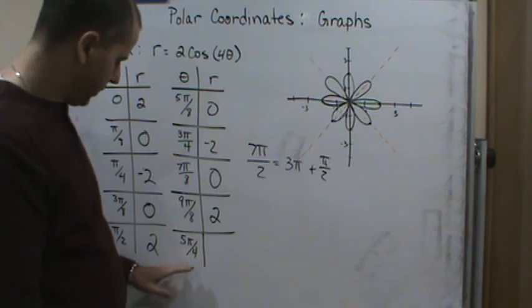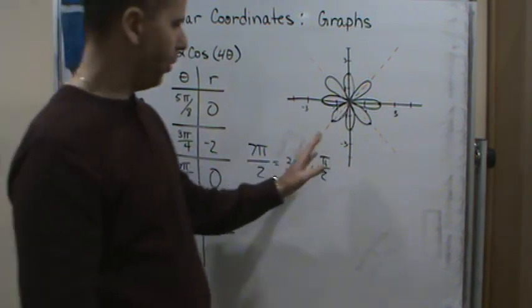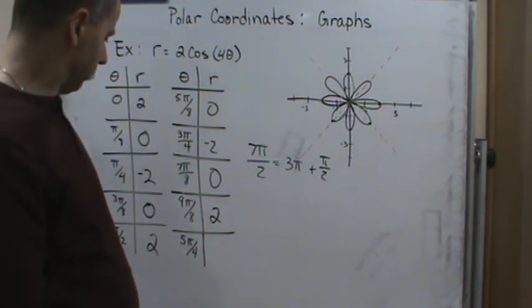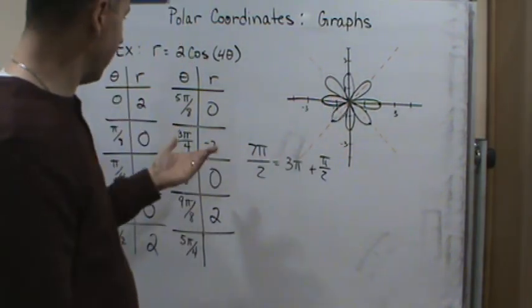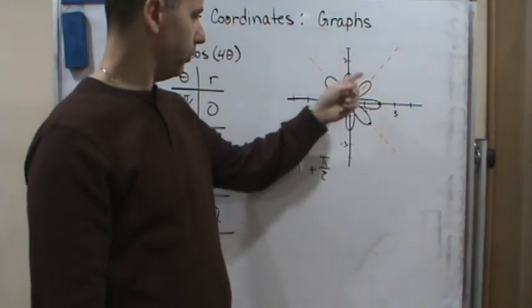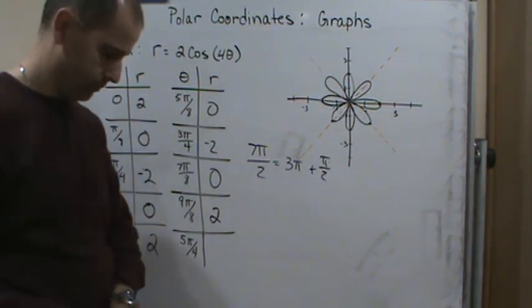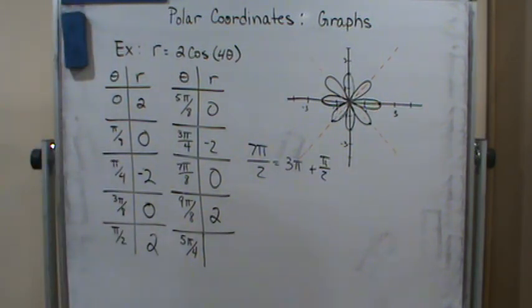And so notice as we keep adding an eighth, when we go from 0 to 2 pi, we're going to end up going one full trace of this rose. And that's it. Have a great day.